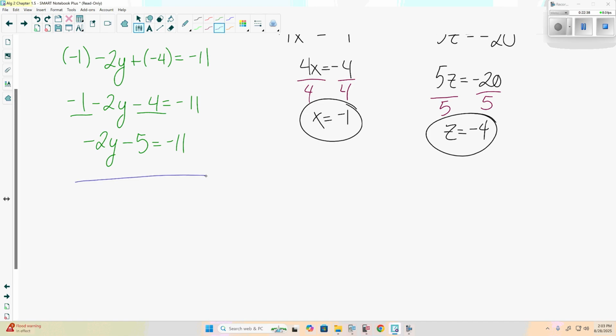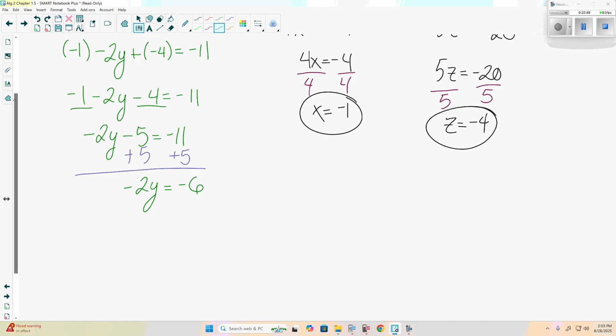At this point here, we can add 5 to both sides, telling us -2y is equal to -6. Last but not least, we would divide both sides by -2, telling us y is equal to 3. So our solution is the point -1, 3, -4.